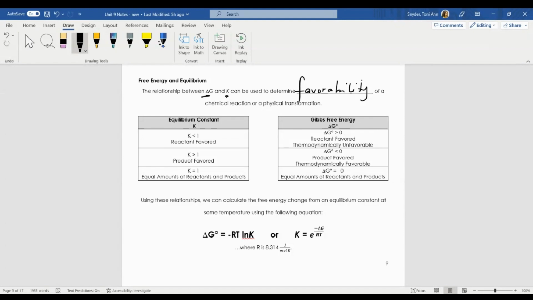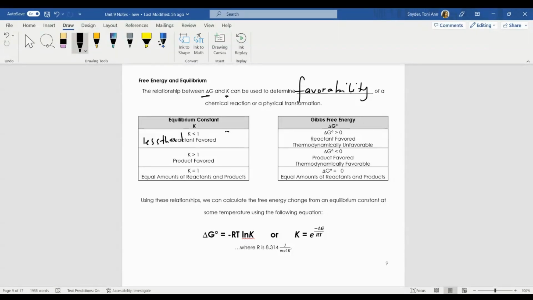So let's take a look. Let's just compare equilibrium constants to Gibbs free energy. If I have a value for K that is less than 1, that means that I have more reactants present.